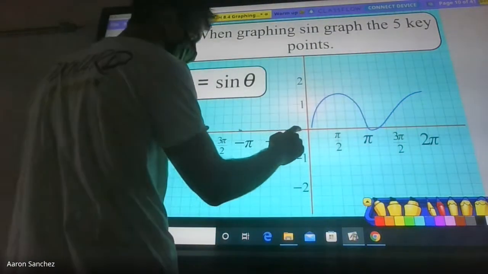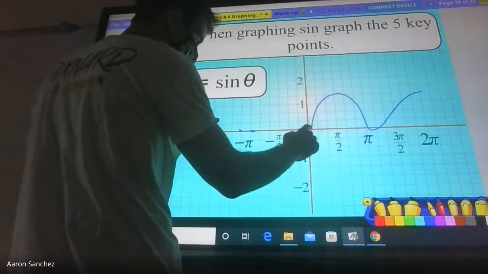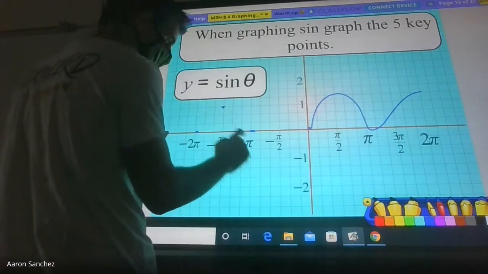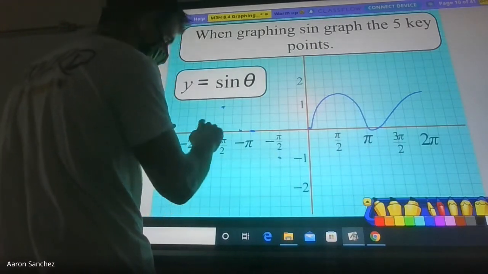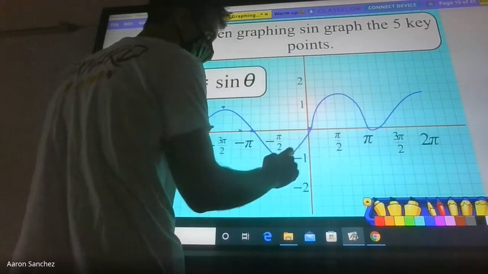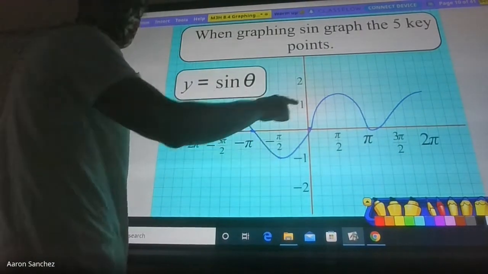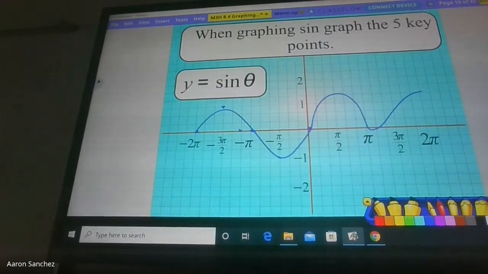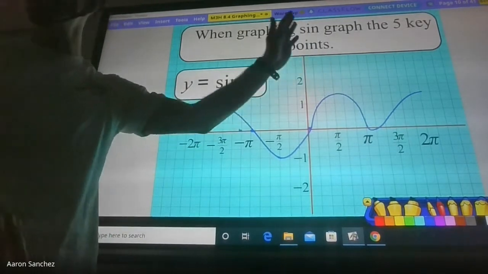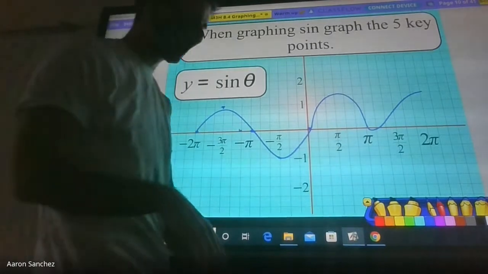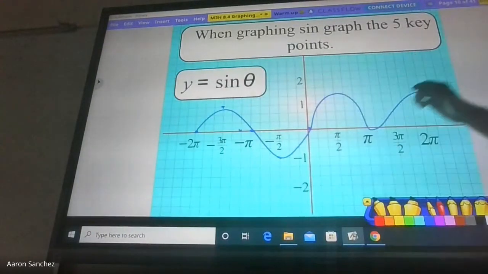Here's my 5 key points. And I'll see on the test, see how it doesn't look like the pattern? The eyeball test. You can tell it's not really following a pattern, right? Does it look like it's following the up, down pattern? Oh my gosh, it's kind of off, right? Okay, that's sine.